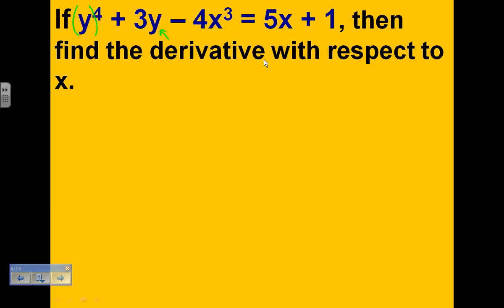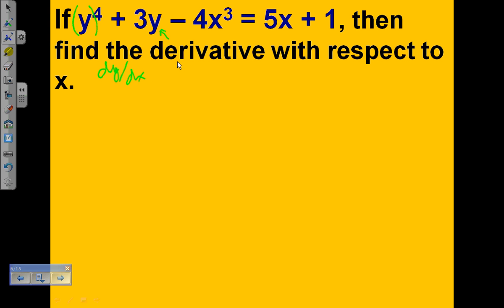So, find the derivative with respect to x. That means you're solving for dy dx is what the directions mean. dy dx is another way of saying y prime. So you're looking for y prime by itself.